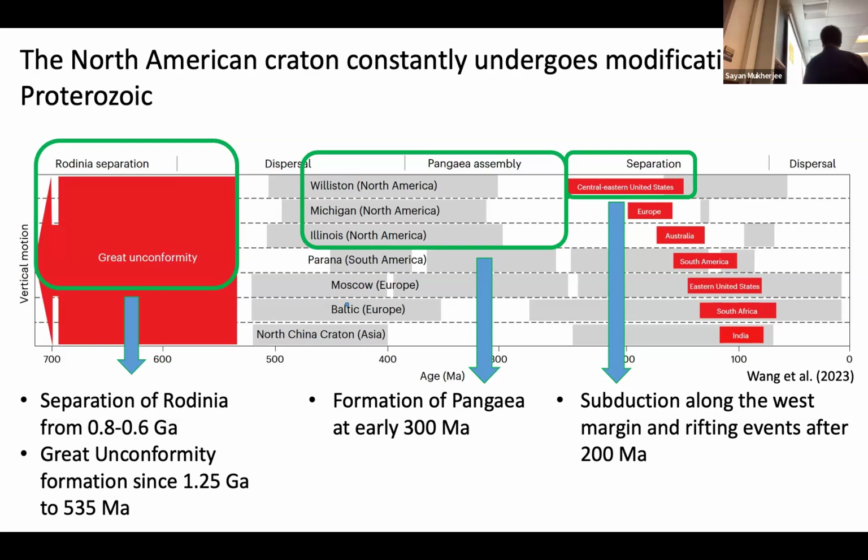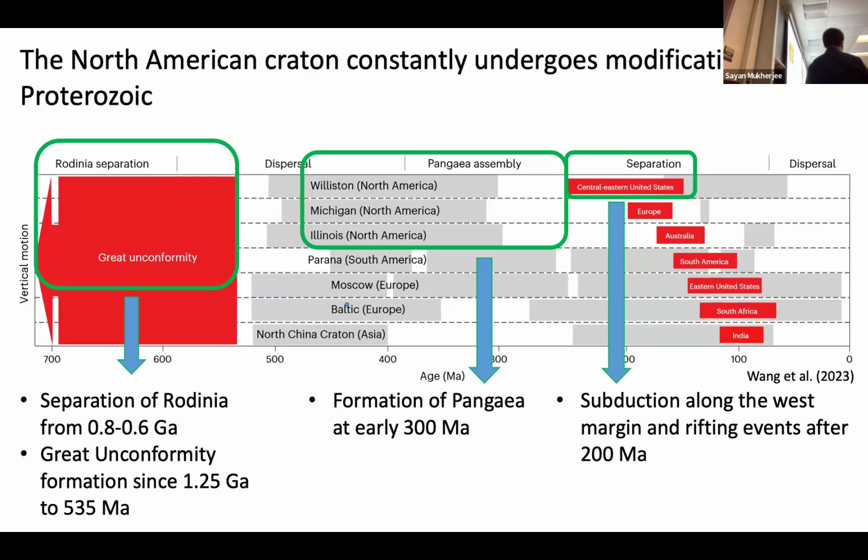Both the separation of Rodinia and the formation of the Great Unconformity are considered uplifting events to the North American craton.